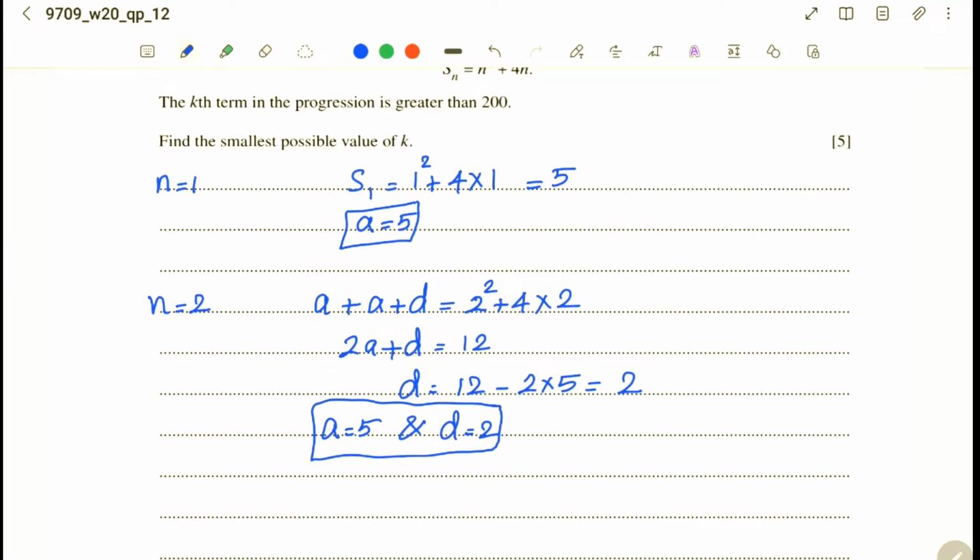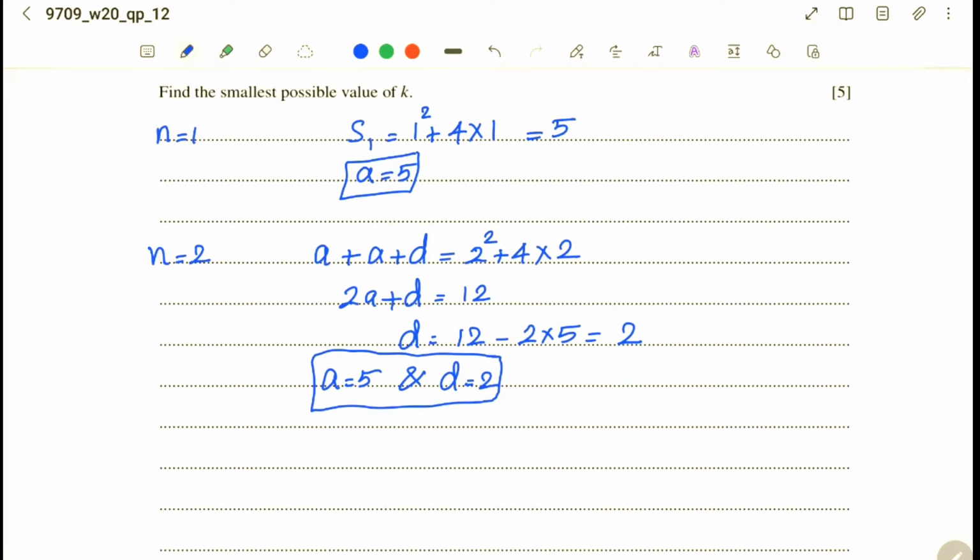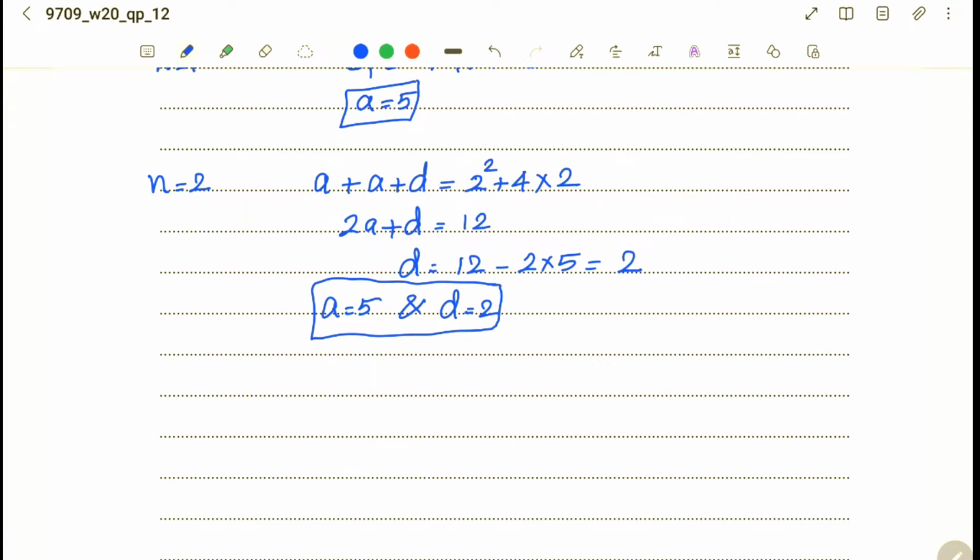Now we need to find the value of k. The kth term is greater than 200. So let us write the nth term formula for arithmetic progression. Tn is equal to a plus n minus 1 multiplied by d. Okay, now we know a is 5 and d is 2.